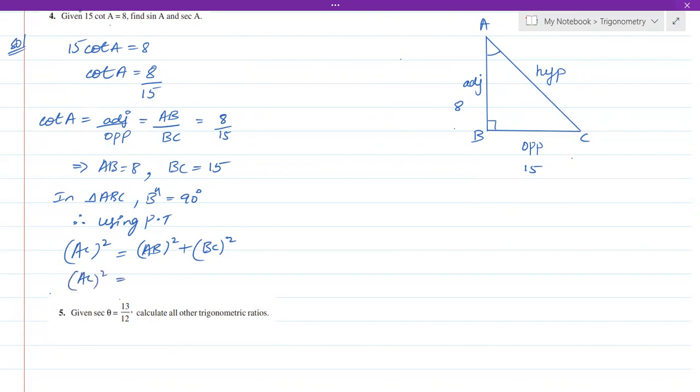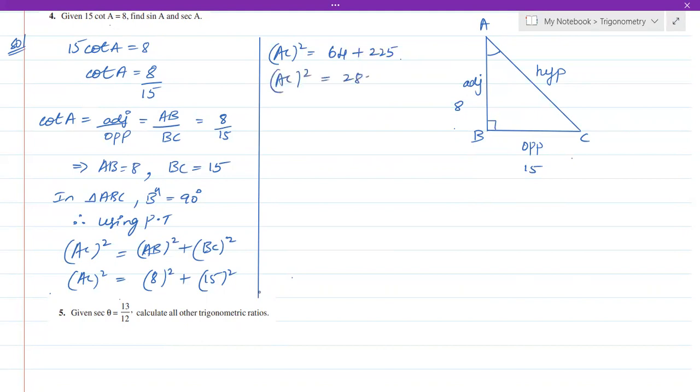And the value of AB is 8 squared plus BC is 15 squared. So AC square is equal to 8 square is 64, 15 square is 225. Therefore, AC square will become 289. Therefore, AC is square root of 289. And what is square root of 289? It is 17. So AC is 17 units.